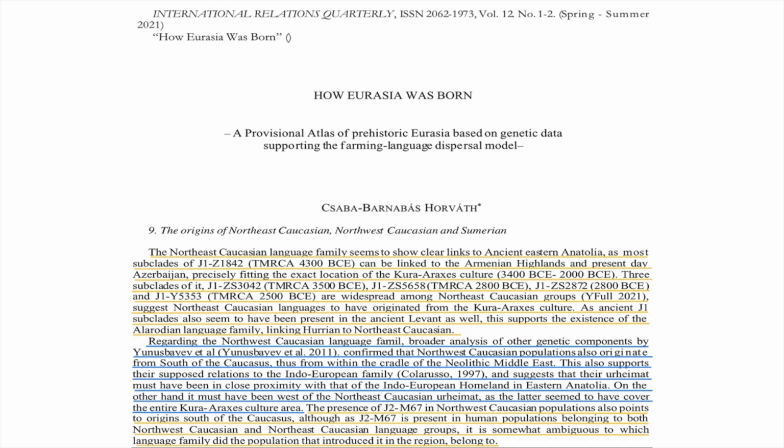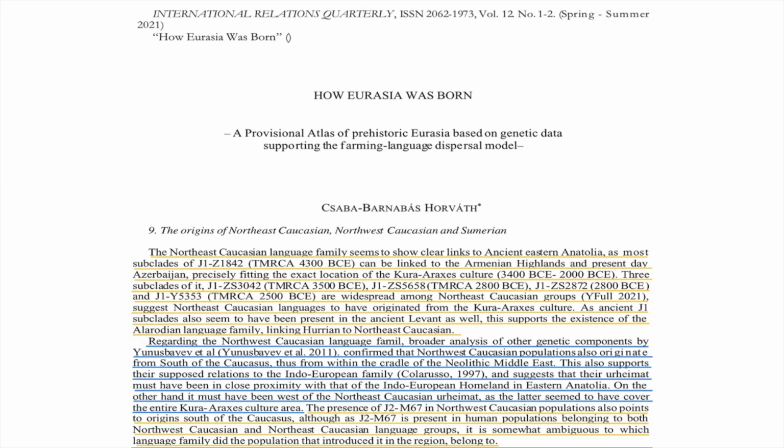Three subclades of it, J1-ZS3042, J1-ZS5658, J1-ZS2872, and J1-Y5353, are widespread among Northeast Caucasian groups, suggesting Northeast Caucasian languages originated from the core Araxes culture, as ancient J1 subclades also seem to have been present in the ancient Levant as well.